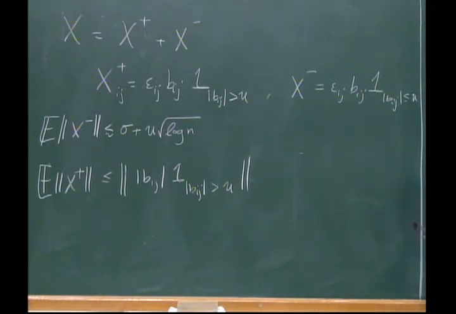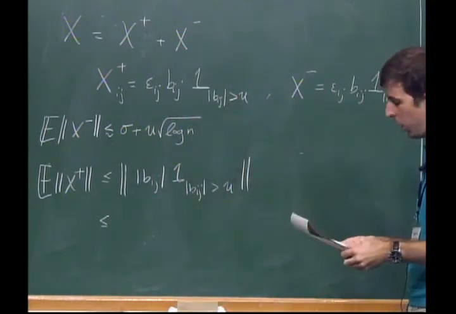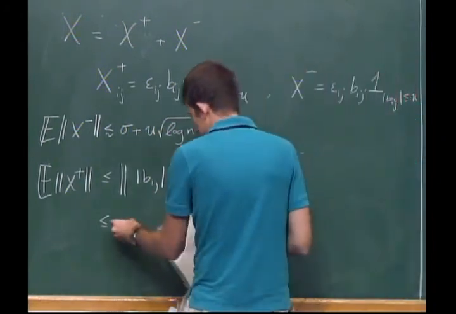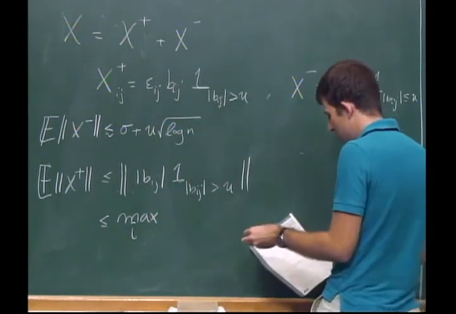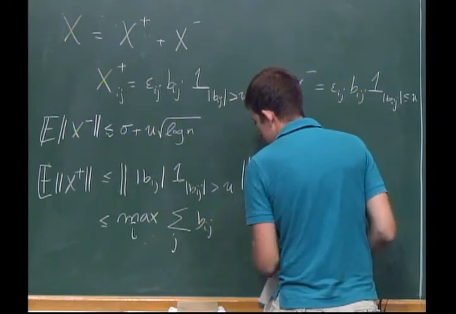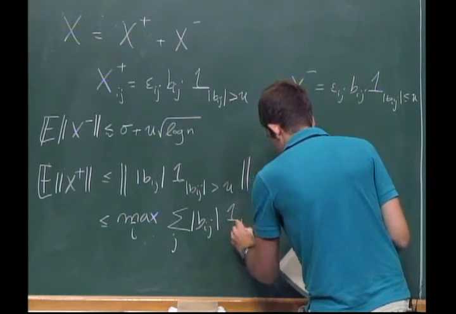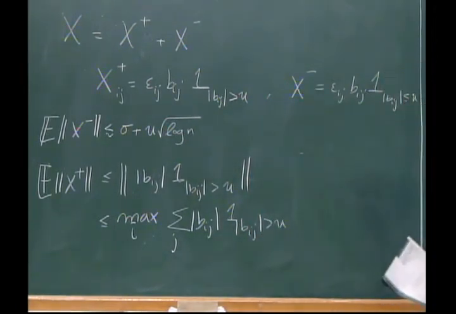And now, by the Gershgorin circle theorem, this needs to be smaller than the L1 norm of the largest row. So this is smaller than the max over i of the sum over j of b_ij, restricted to entries bigger than u. All I did was use Gershgorin.